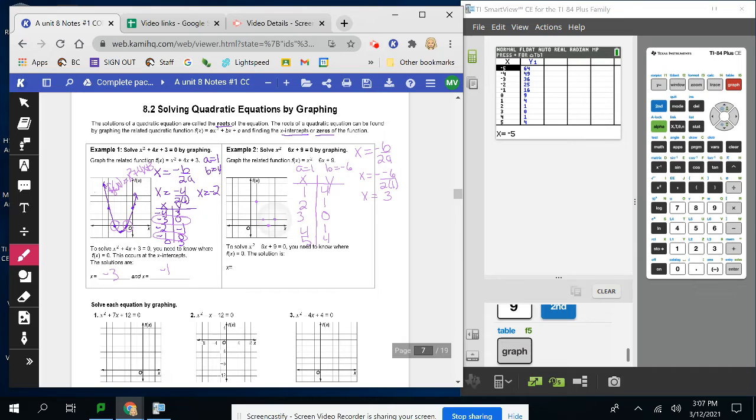This time, my parabola only touches the x-axis. It just touches. This is like when we did it by factoring, where our two solutions were the same. In this case, my solution is x equals 3, which is my x-intercept, which in my table is where it equals 0. I want you to pause the video and graph the next 3 and find their solutions.